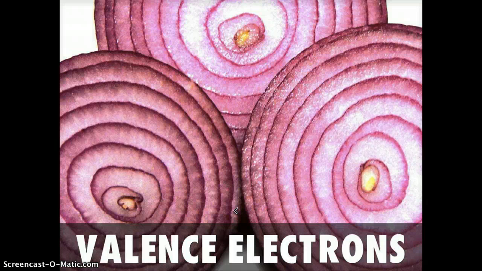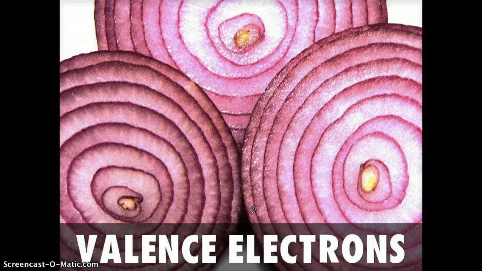And within those different energy levels, we even have different shaped orbitals and different numbers of orbitals. But what we focused on recently are these outer rings here, these outer energy levels. And you might see from the onions coming together why that is, especially when we're talking about bonding, because it's the outer layers that come together when things interact, when things bond.